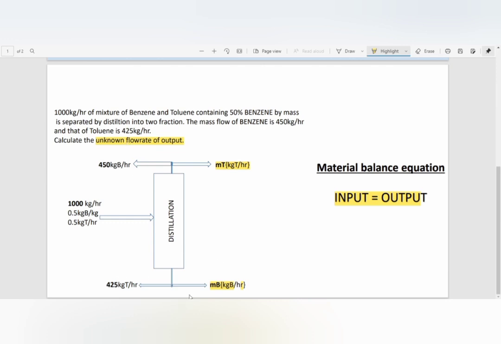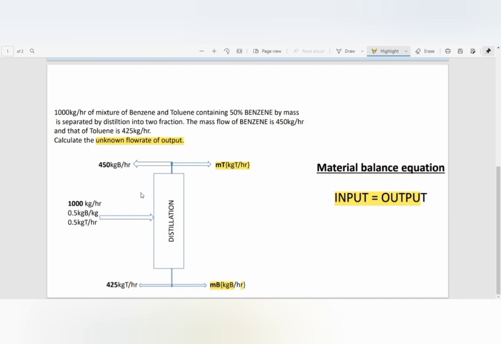So we have two unknown flow rates. The question is asking us to calculate the unknown flow rates of output. In our system we have two unknown outputs: MT, the mass of toluene at the top, and MB, the mass flow rate of benzene at the lower exit stream.